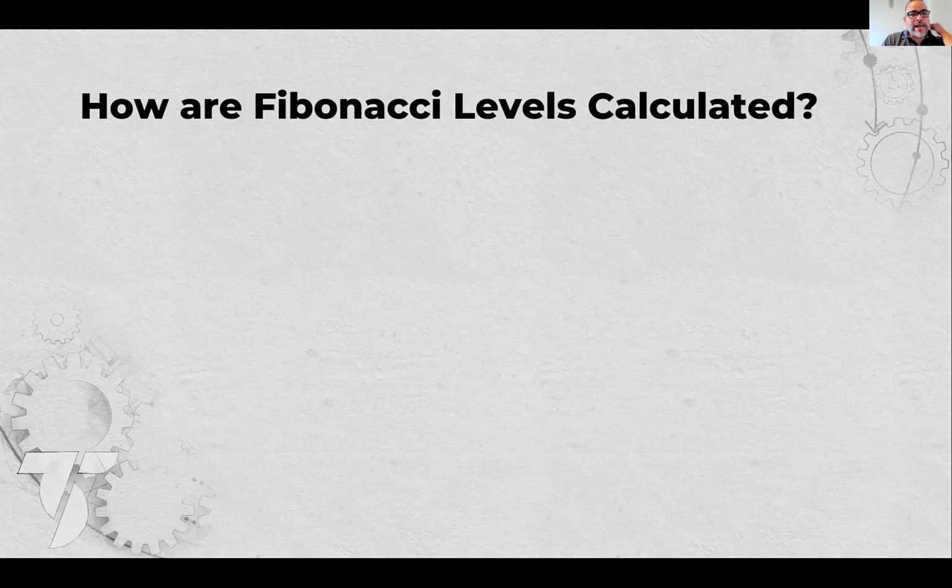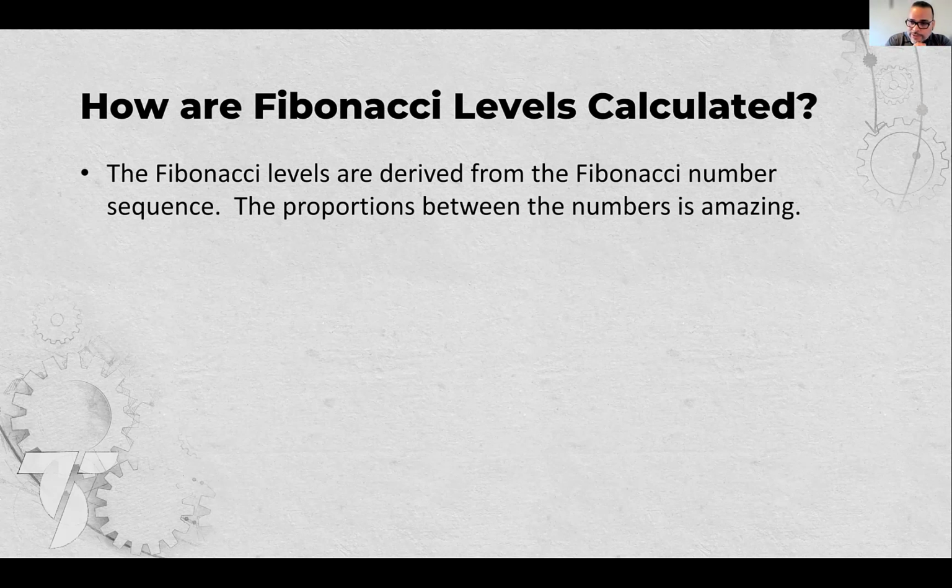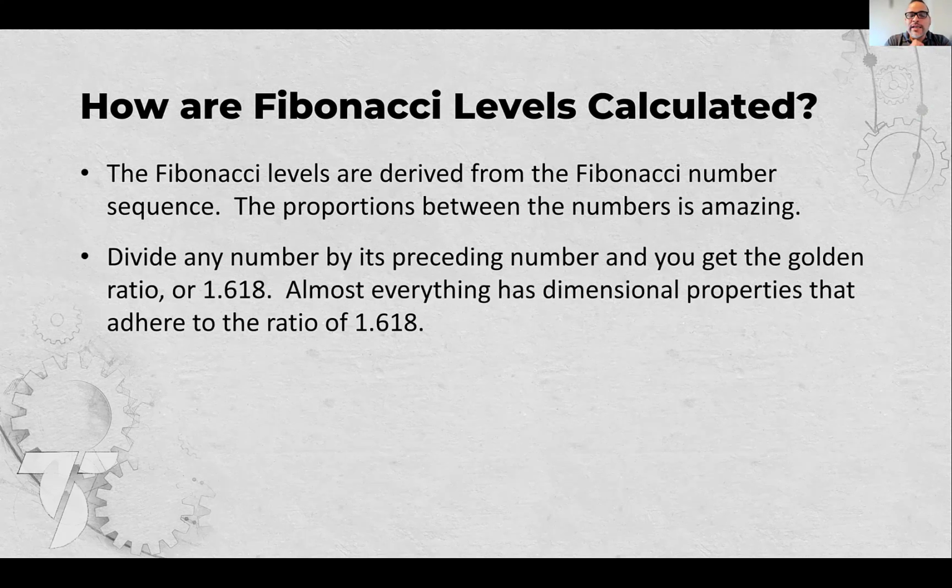Well, the Fibonacci levels are derived from the Fibonacci number sequence and the proportions between the numbers. Now, you're going to find that these proportions are amazing. Let me give you a few examples. You're going to divide any number by its preceding number, and you get the golden ratio, or 1.618. That's the proportion that is considered the golden ratio.